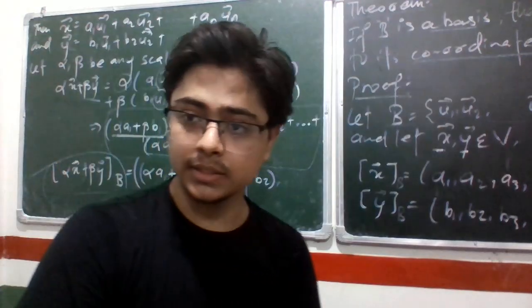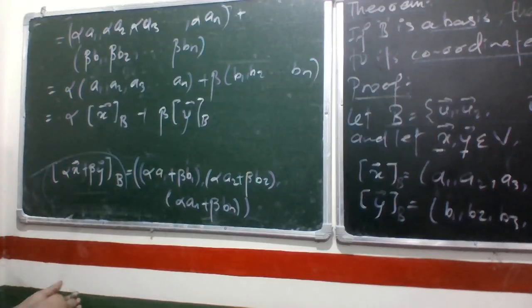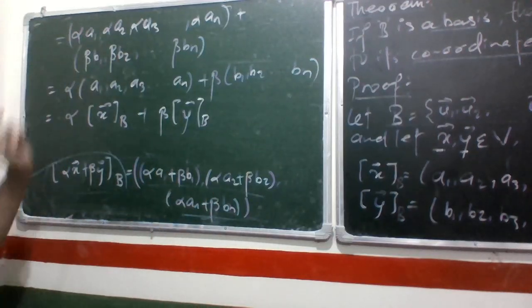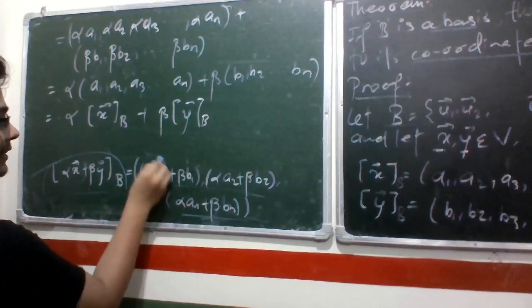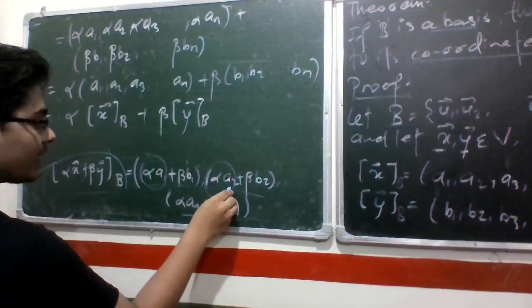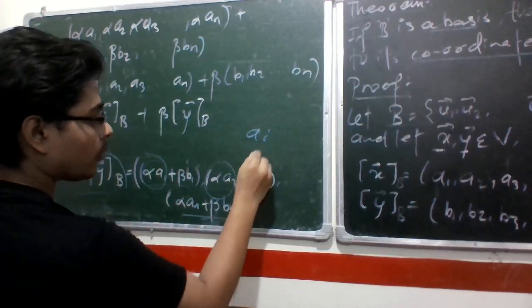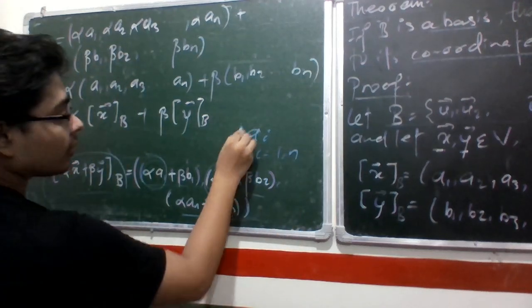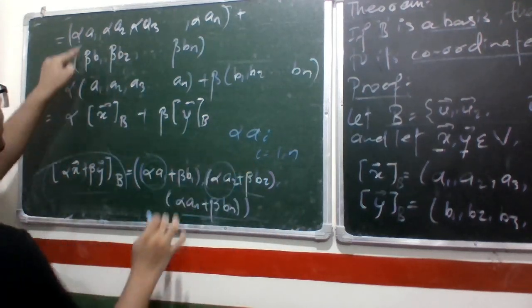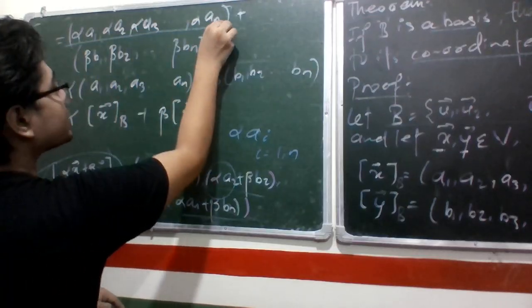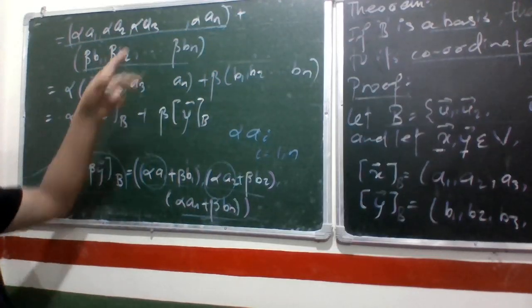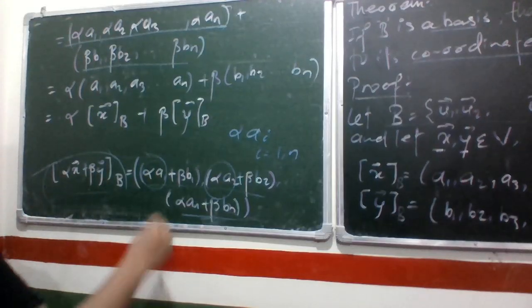Let me erase it. Now we can write this in this way. What I did is I separated all the ai terms where i goes from 1 to n, and these are all multiplied by alpha. So this is one tuple, plus for the beta there is another tuple, for the bi's.